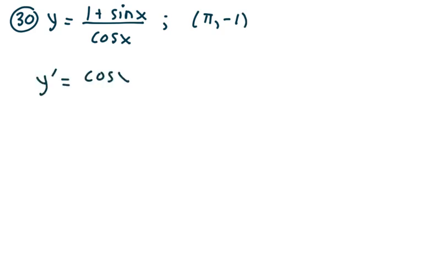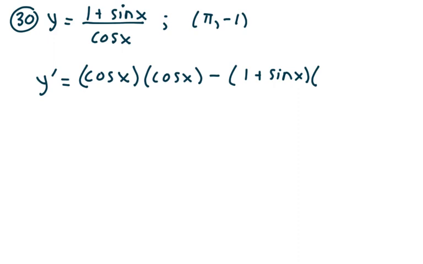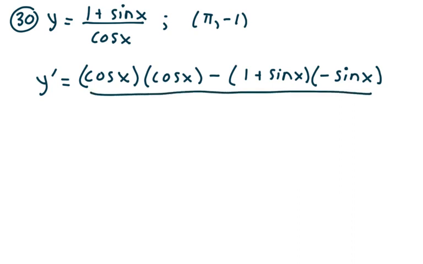So we get cosine x, that's the bottom function, times the derivative of the top function, which in this case is cosine x, minus (1 plus sine x) times the derivative of cosine x with respect to x, which is negative sine x. I'm going to divide by cosine squared x.